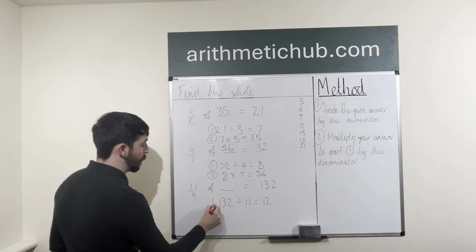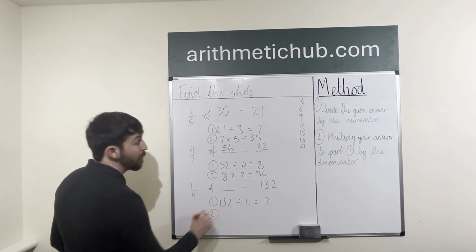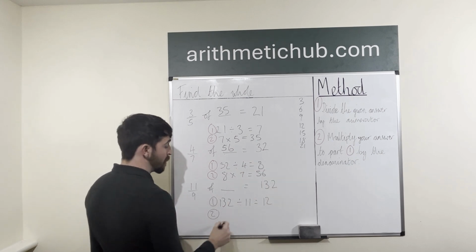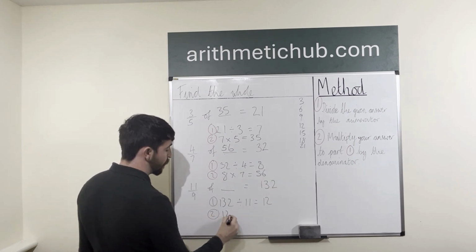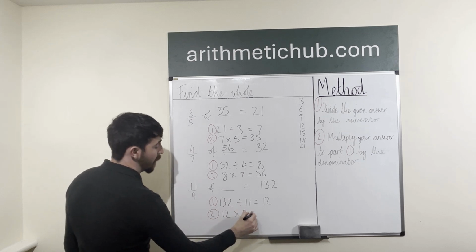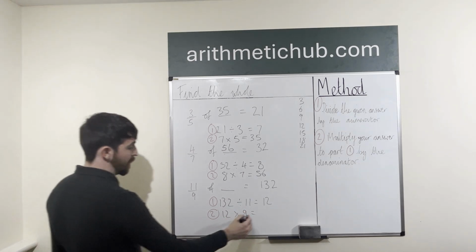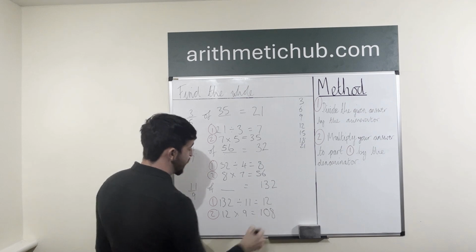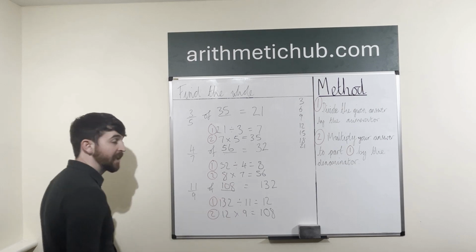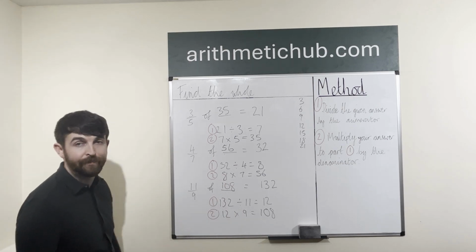So that was part 1. Part 2 says multiply your answer to part 1 by the denominator. The answer to part 1 is 12. And multiplying it by the denominator, 12 times 9. 12 times 9 I know is going to give me 108. So 11/9 of 108 is going to give me 132.